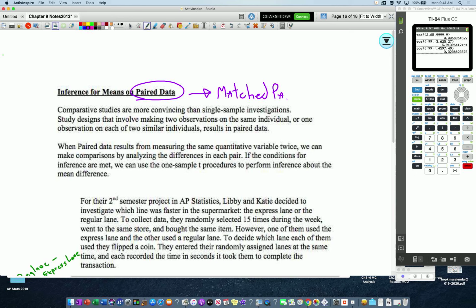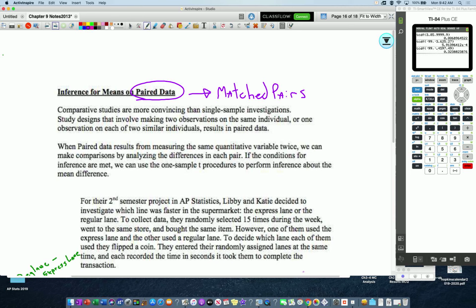If you have an experiment where you're doing matched pairs, you're still going to do a one sample t-test to analyze the data, but what you have to do is subtract your results from each other to see if there's an actual change or a difference between the two things that you're comparing to each other.